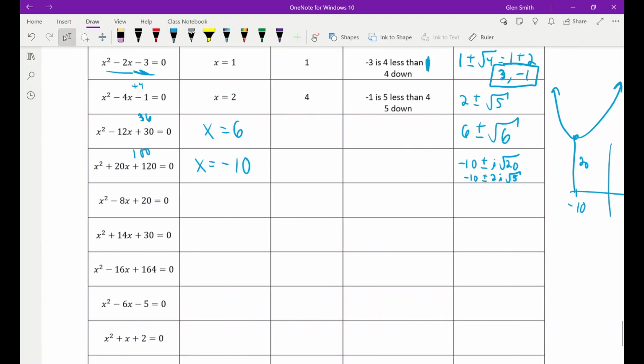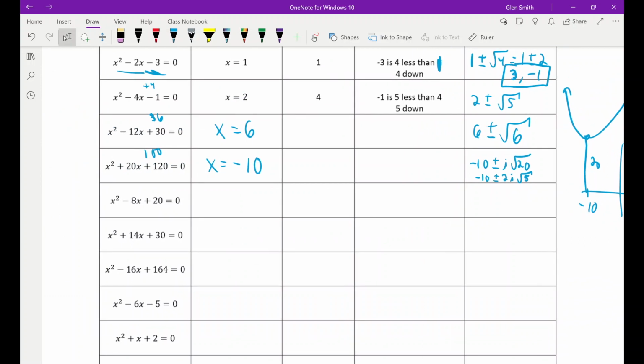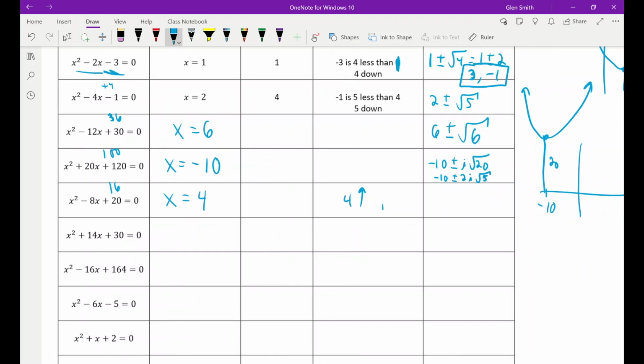All right. Let's keep going here. X squared minus 8x tells me that this should be x equals 4 is the center of that. If you square that out, you should get 16. But I have 20, which is 4 up. Let's write that here. That's 4 up from 16. So it got shifted up 4, which means we're going to have imaginary roots.